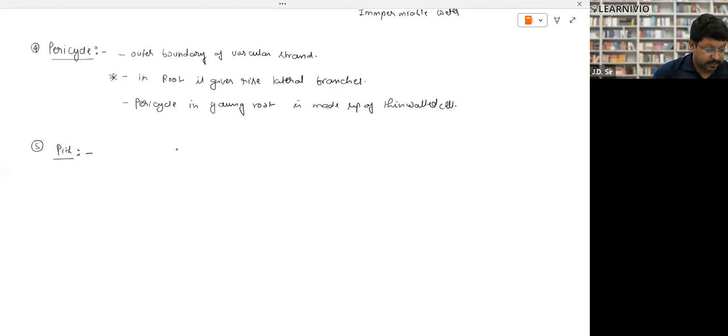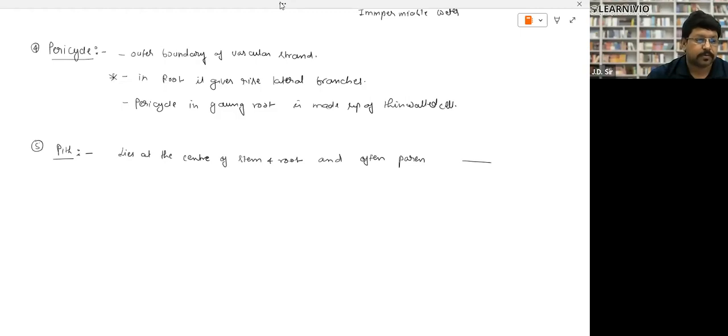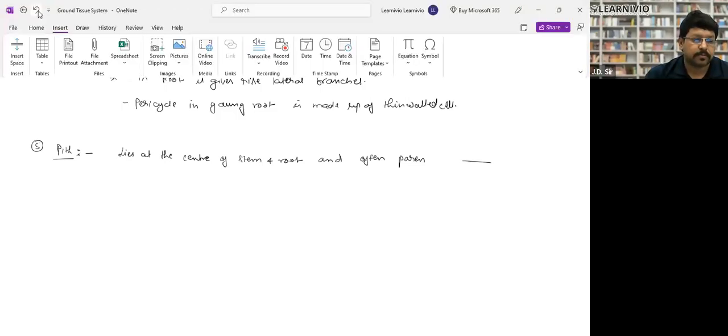It lies at the center of stem and root and is often parenchymatous.